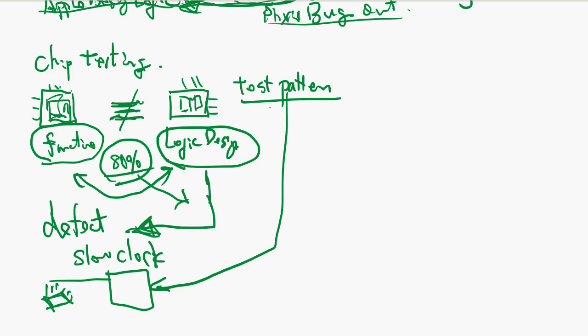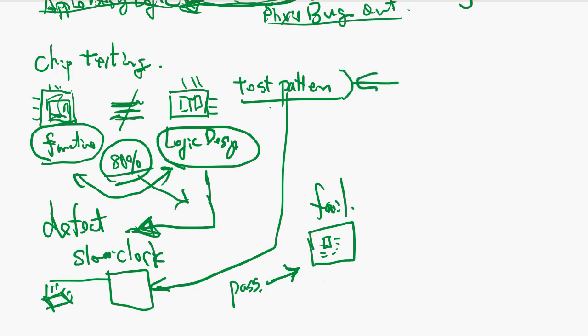And sometimes the test passes, good, but when you run it on the workbench, making a motherboard and putting the chip on, it fails. So the clock is too fast. You slow down the clock, it works. So it's not just a logic test. There is an issue of timing.